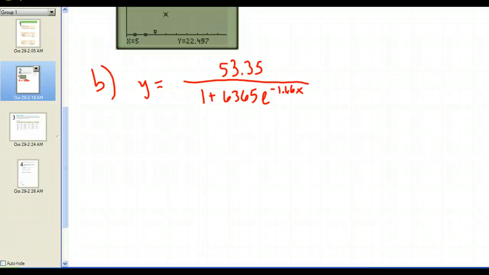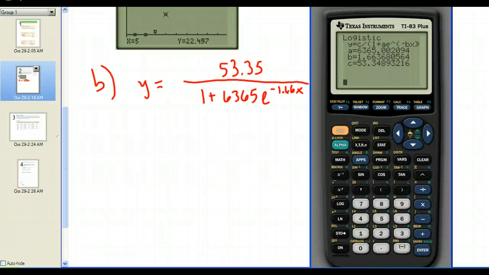It also wants us to graph it along with the scatter plot. I've got it stored in y1, because I put y1 at the end there. So if I hit graph, it'll put that regression function in there. Now notice that a logistic model, logistic growth, will flatten out and then stay almost horizontal, almost parallel to the x-axis, the further and further you go.